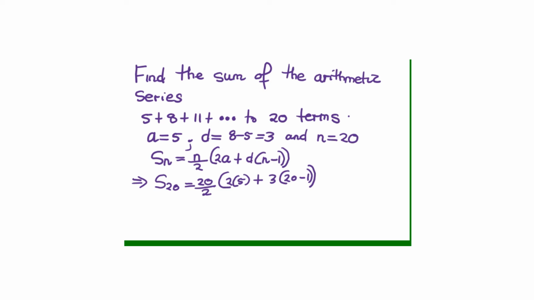Then as we simplify, 20 over 2 is 10, into 2 times 5, which is another 10, plus 3 times 20 minus 1, which is 19, and 19 times 3 is 57.